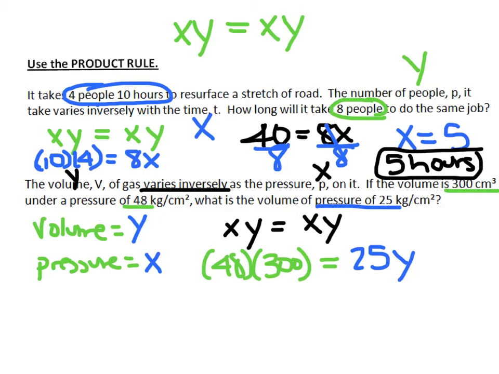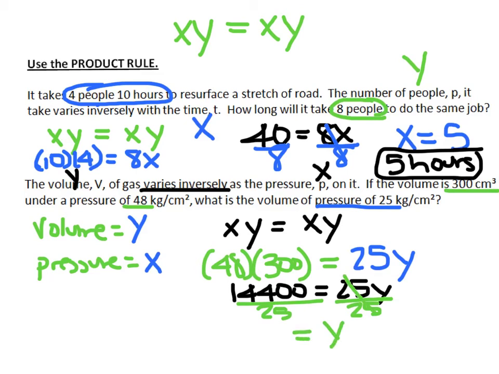Well, 48 times 300 gives you 14,400 equal to 25y. BCD, box, cancel, divide. Notice I don't need to box because there's nothing next to it to cancel, so all I have to do is divide both sides by 25. And we get that our y is equal to 576. So you have 576 centimeters cubed as the volume.